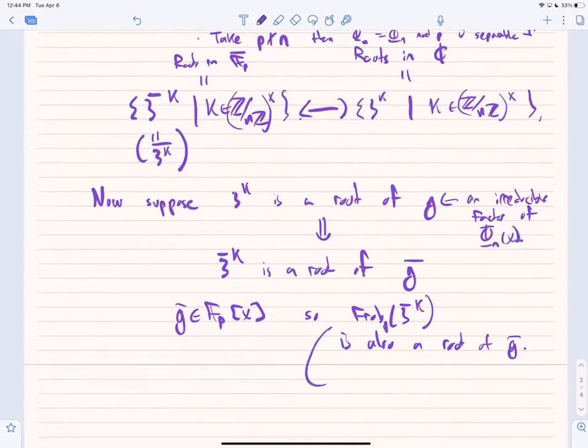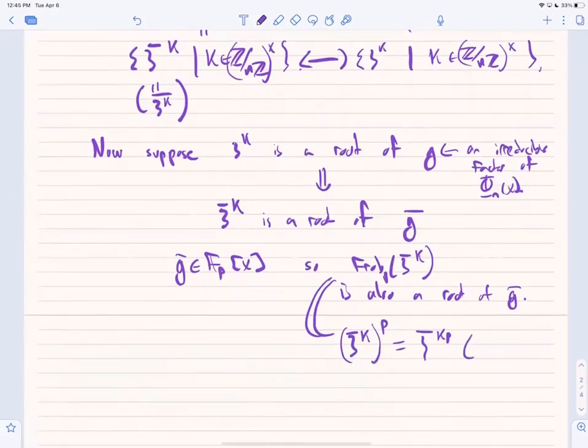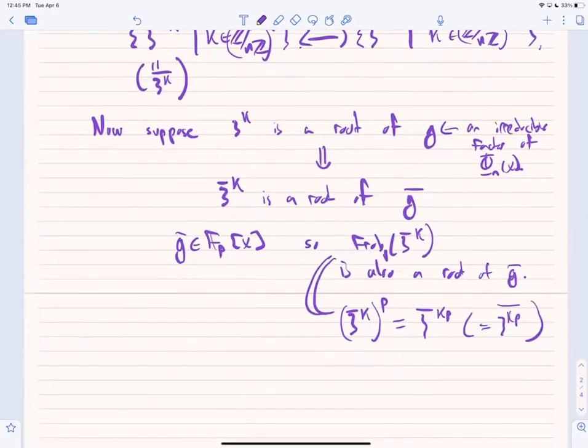But this is just zeta bar to the k, to the p, so zeta bar to the kp, which is equal to zeta to the kp, bar. Thus, if this is a root of G bar, that means, by what I said above, that zeta to the kp is a root of G.